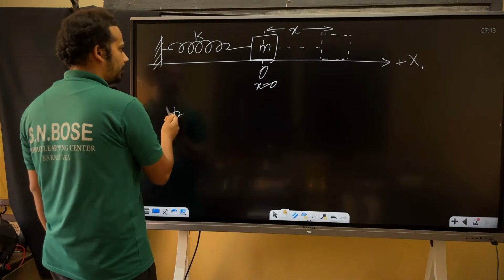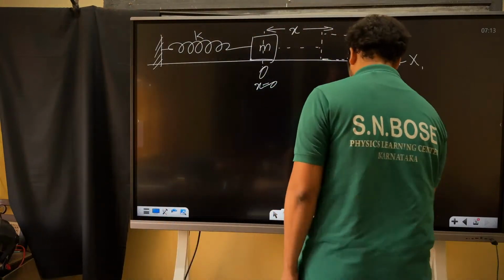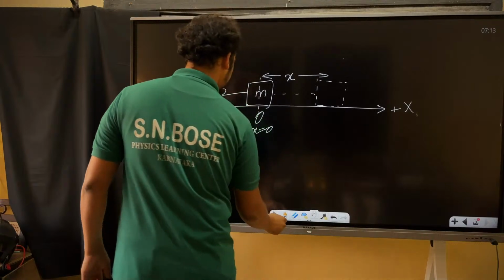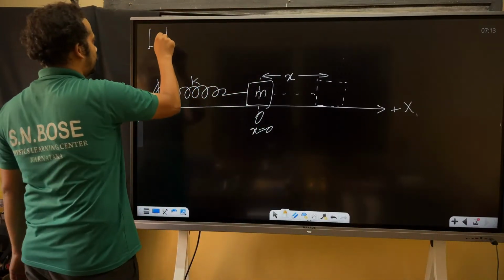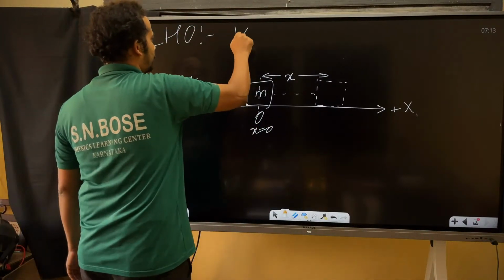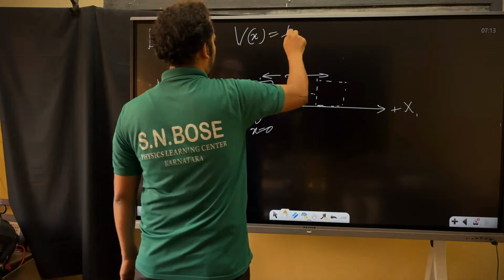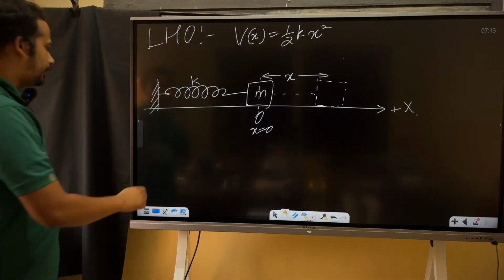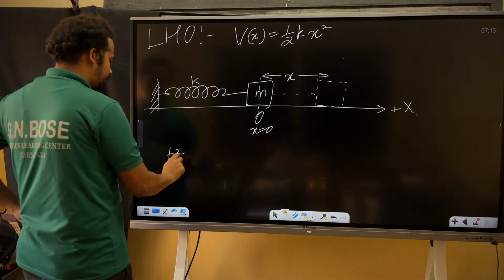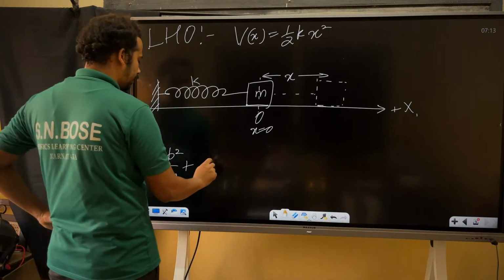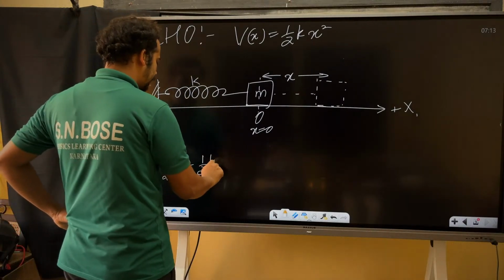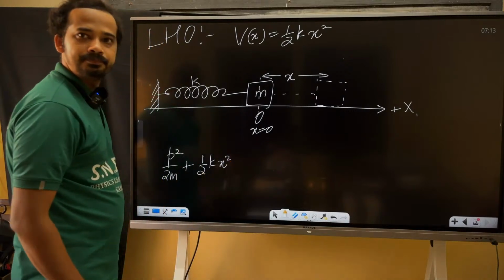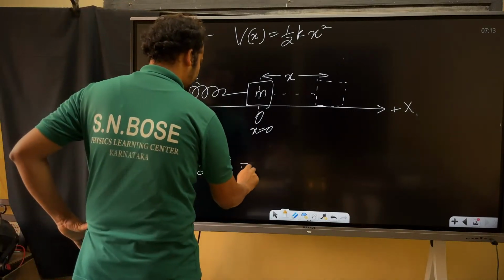So your equation is p square by 2m plus half k x square, which is equal to the energy.